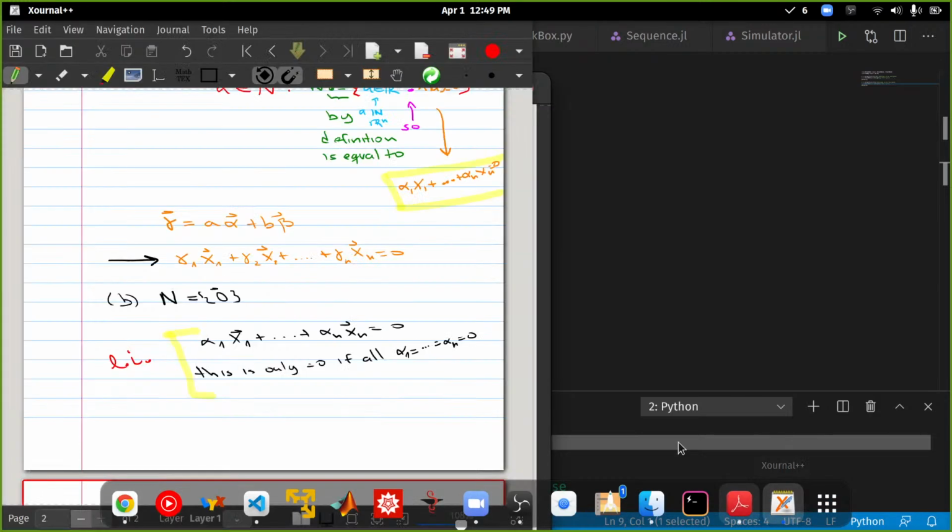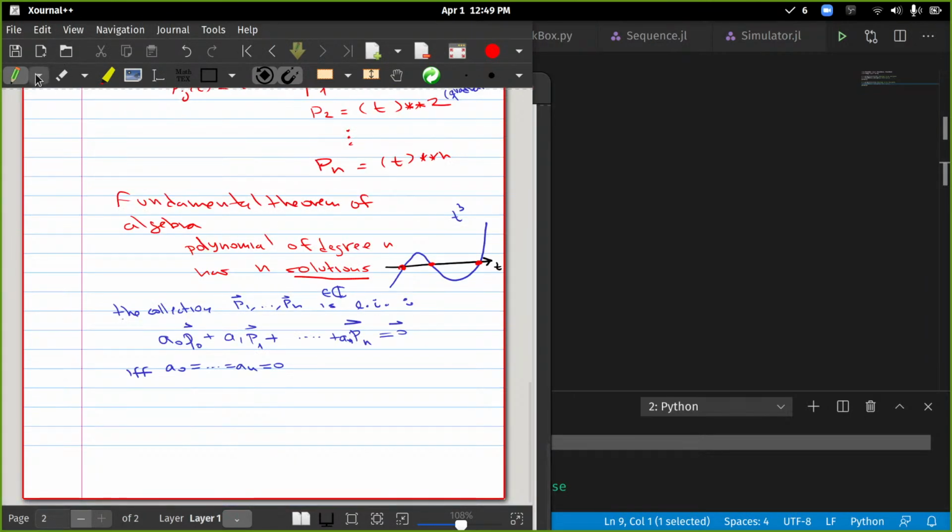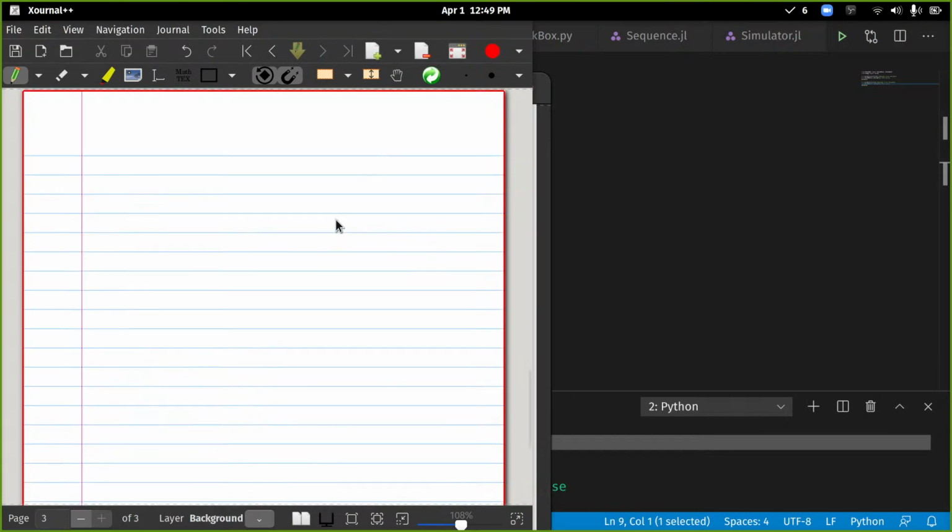So for example, in question number 3, if the keys were a matrix, key 1, key 2, till key n, and your message is alpha 1, alpha 2, alpha 3 until alpha n.